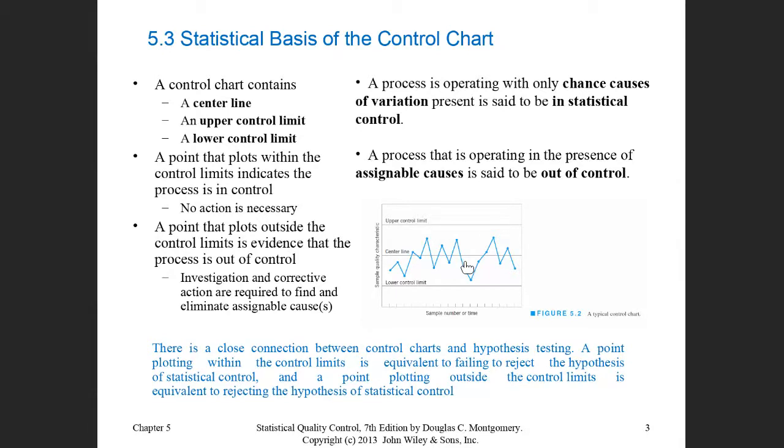That means there is no significant change in the process. If the plotting is out of control, with points beyond the control limits, that is equivalent to rejecting the hypothesis of statistical control. That means there is a significance in the measurements. That's why there is a connection between control charts and hypothesis testing.